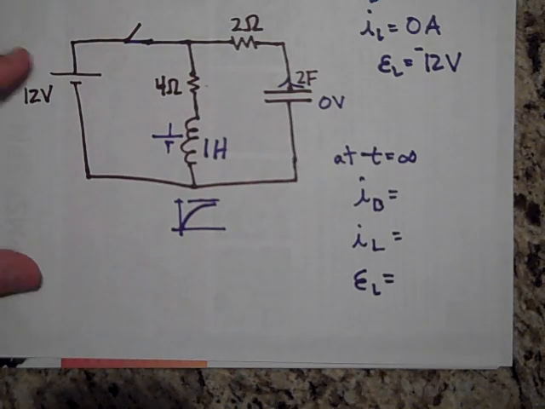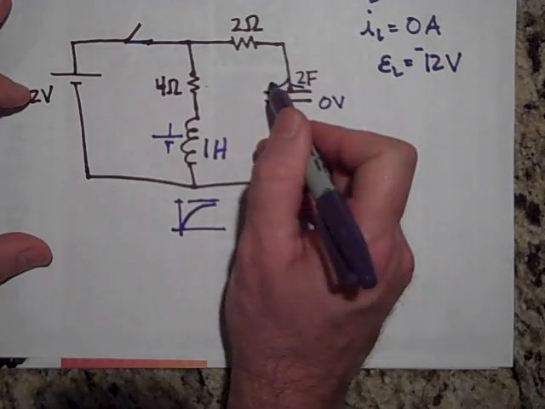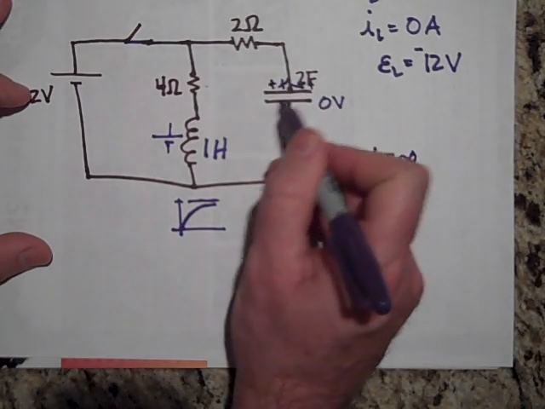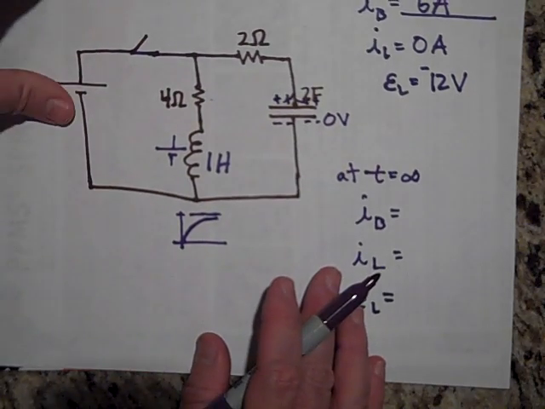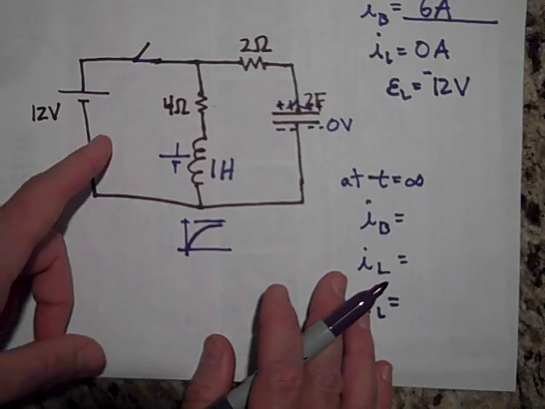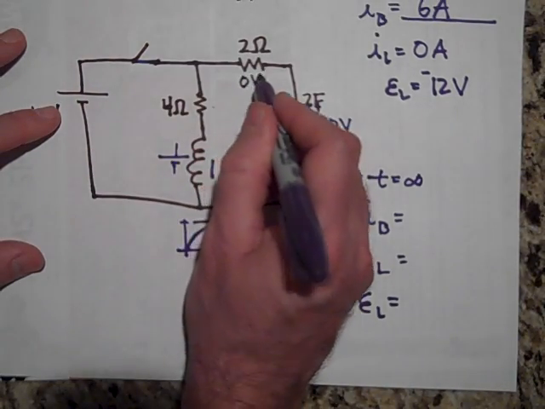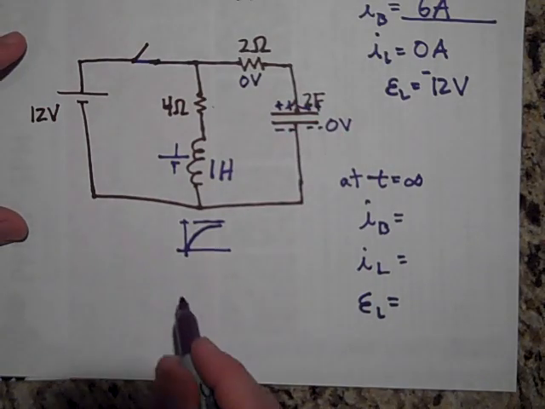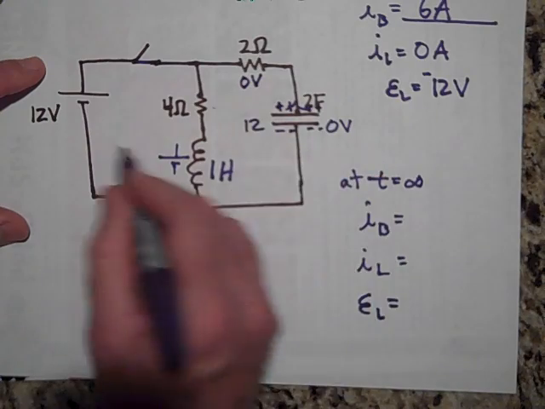Okay, we're back. The capacitor is now fully charged, so it's like a no vacancy hotel. It's no longer accepting electrons, and so nothing's going that way. So the voltage here is 0 volts a long time later. Then I know that the voltage across the capacitor is 12 volts because of the loop rule.